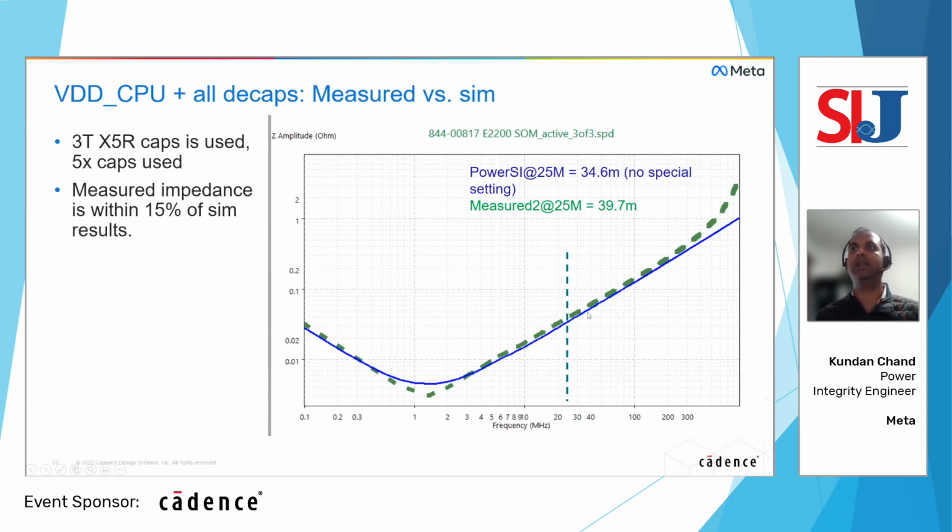If you look at the correlation data, we are seeing a 4 or 5 milliohm difference between the PowerSI simulation data versus the measurement.